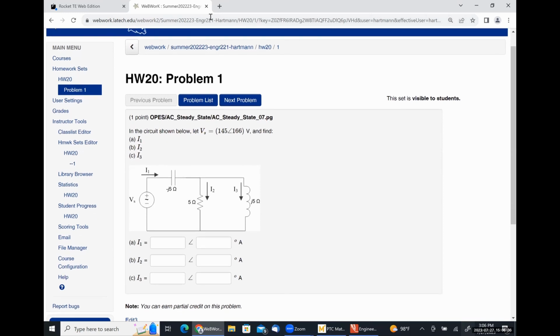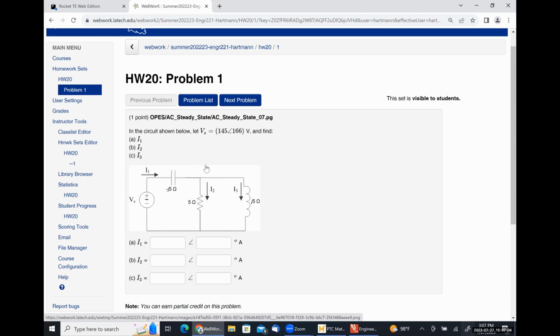All right, so for this problem right here, MathCAD is entirely overkill in my opinion. I'm thinking of a couple of different ways to approach it. One way could be to find the voltage at this node, because it's the only unknown voltage in the circuit if we make the bottom our ground.